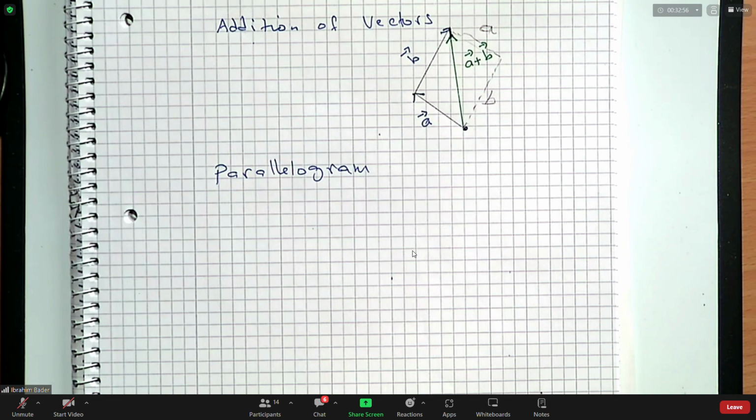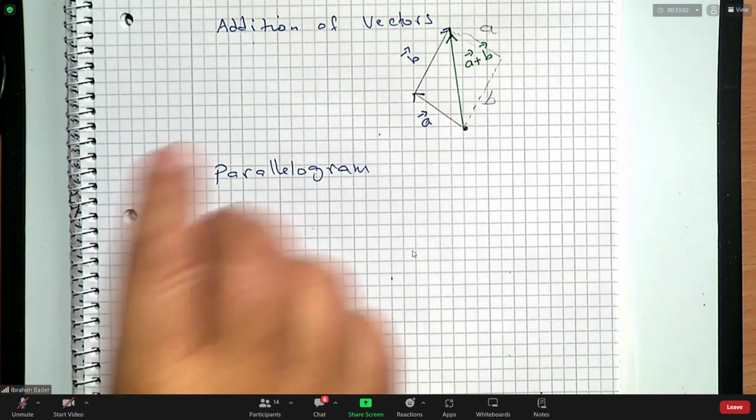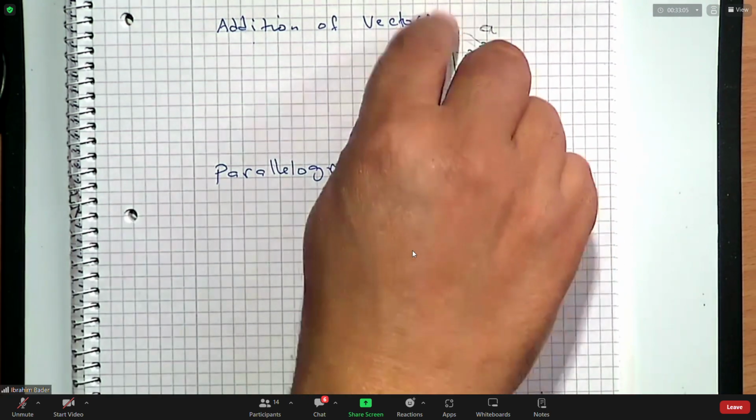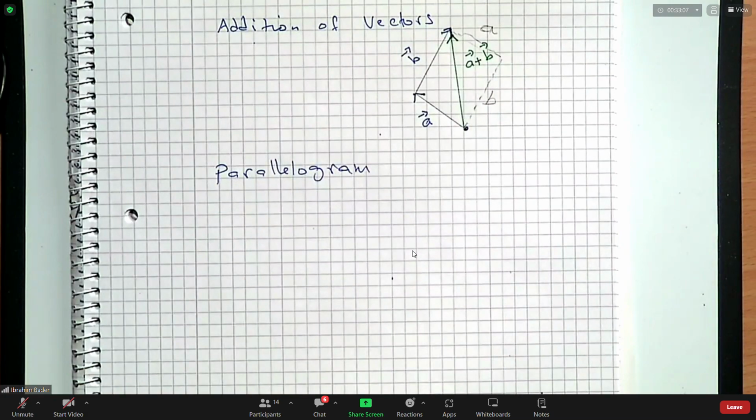Okay, so this is the addition, and important here, it is a vector. So A plus B is a vector; adding two vectors will result in a vector, which means that under addition the set of vectors is closed. Now, at this point, I'm going to point out the following. I am talking about vectors with the same dimension. So A and B are vectors of the same dimension.